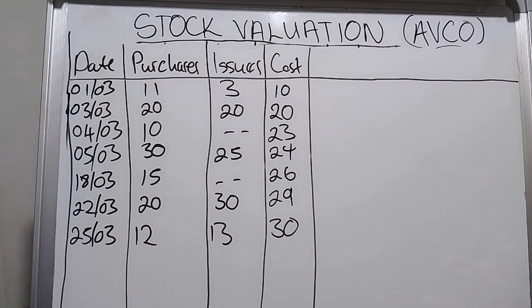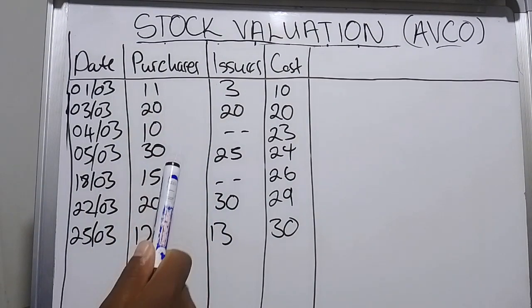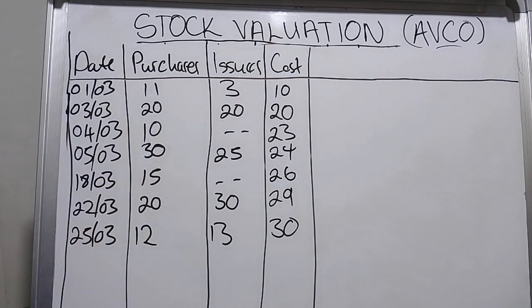So what it means is the average cost method doesn't take into account the fluctuations in the prices. The other thing you need to know is that it also ignores the negative movements in stocks. For example, we purchased 11 items, then on another day we have a negative movement of stock.